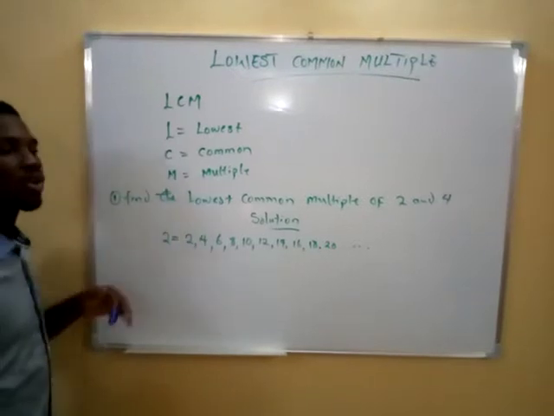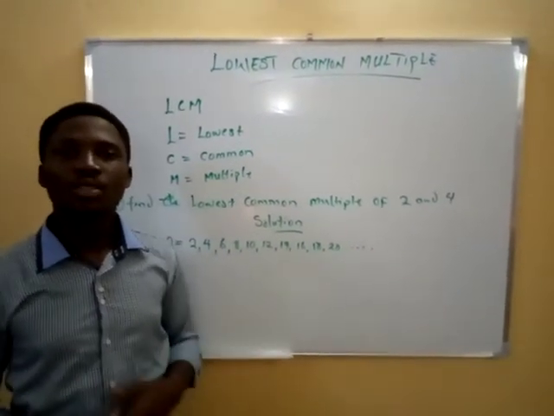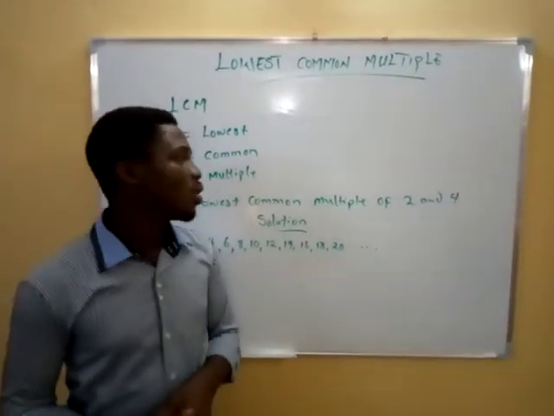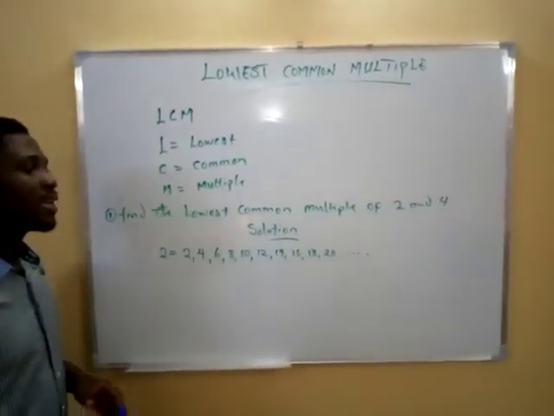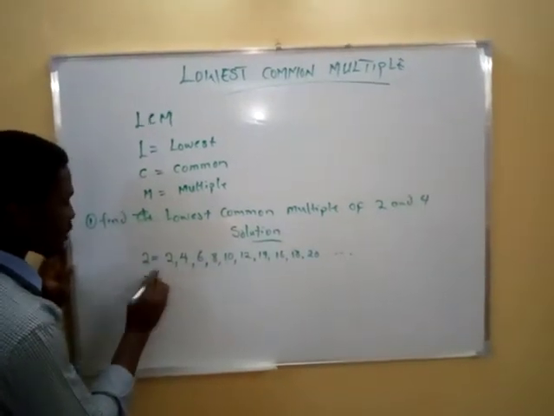That is to say you can do it as long as 2 times 100, 2 times a million, and all of that. Then you bring down the second number, which is 4.